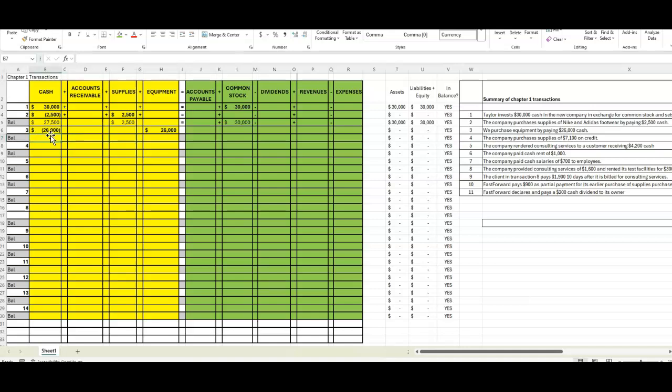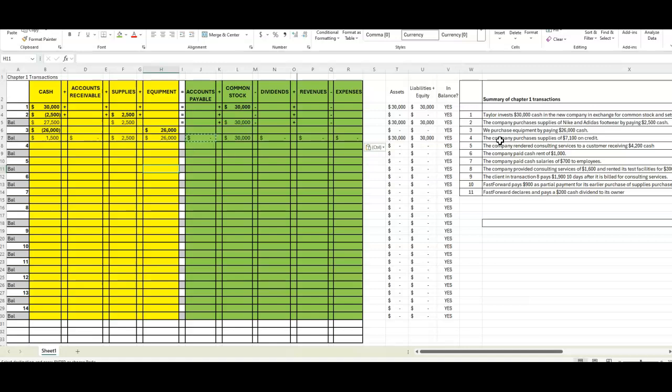Kind of messes up my shading, but we'll be all right. So the balance in the account, $1,500 in cash now. Nothing has changed again on the equity liability side because we just traded one asset for another.